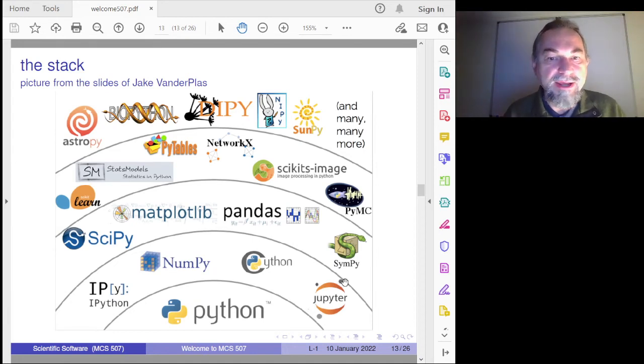of computing together. So there's the core Python, then there is the enhanced Python, the Jupyter Notebook, there is NumPy, the Cython.